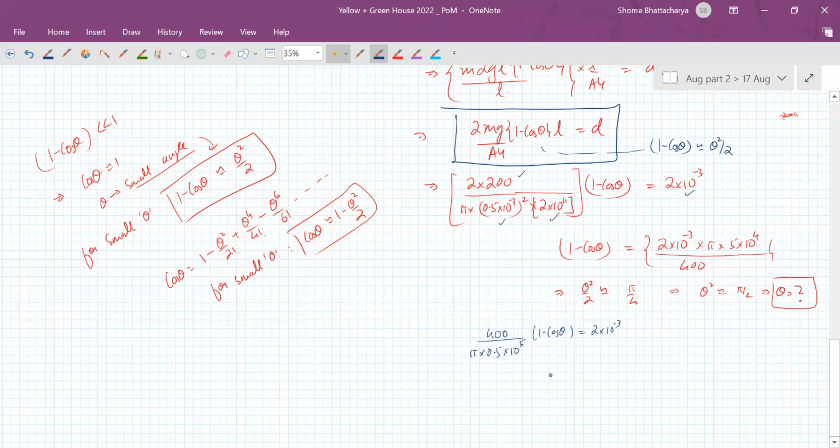So 1 minus cos theta should become 5 pi into 10 raised power 2 from here divided by 4. Yeah, so I think the calculation is correct up to this point.